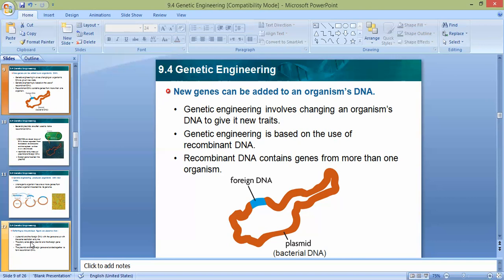What does recombinant DNA mean? Recombinant means a combination of DNA, DNA that has genes from more than one organism. So recombinant DNA is DNA that contains genes from more than one organism.